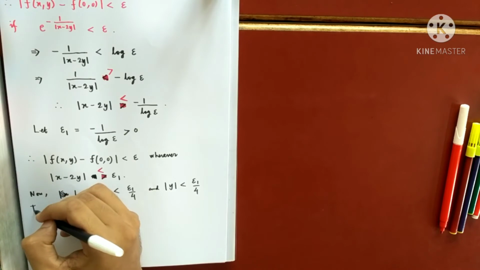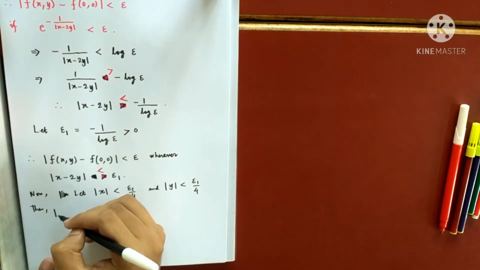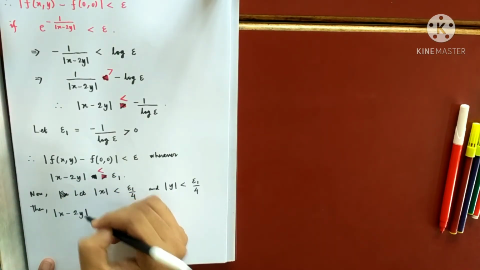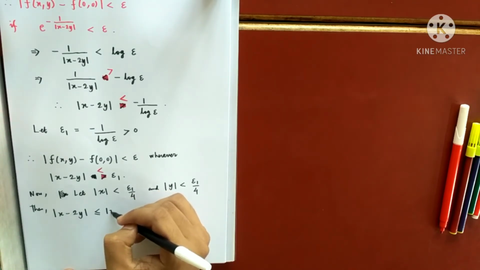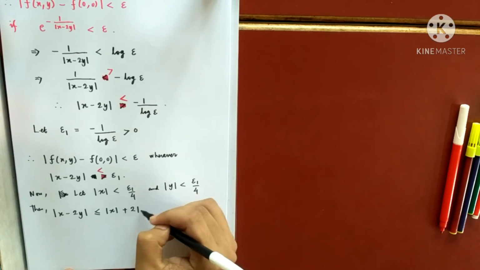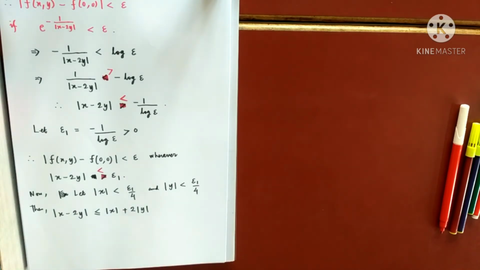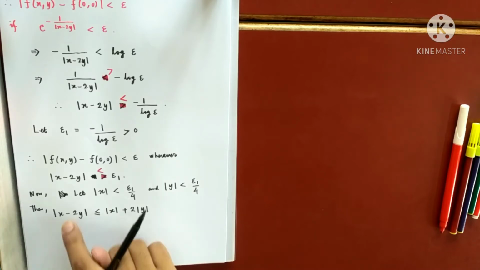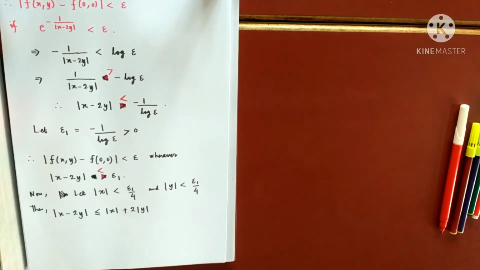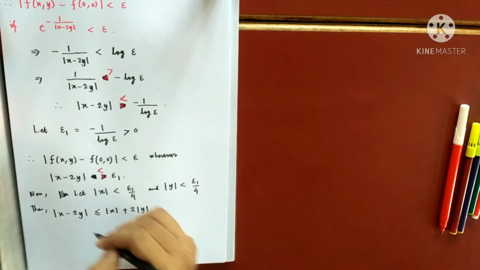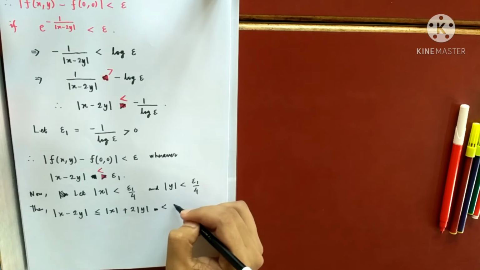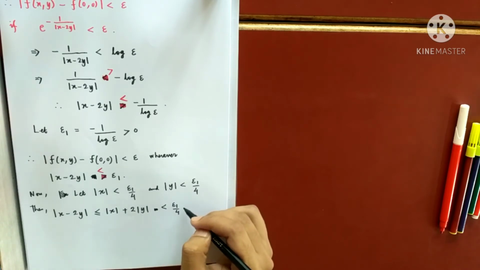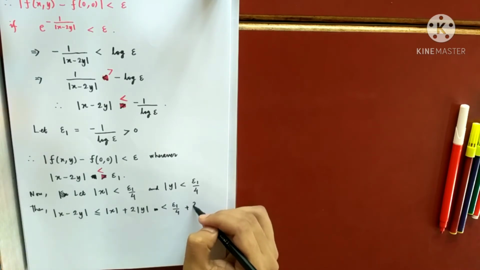So then let's see what is this mod of x minus 2y. What can this be written as? By the triangle inequality, this is less than or equal to mod x plus 2 mod y, right? Let's simplify this. Mod x is from here, so this will be less than epsilon 1 by 4 plus 2 mod y. This is again epsilon 1 by 4.